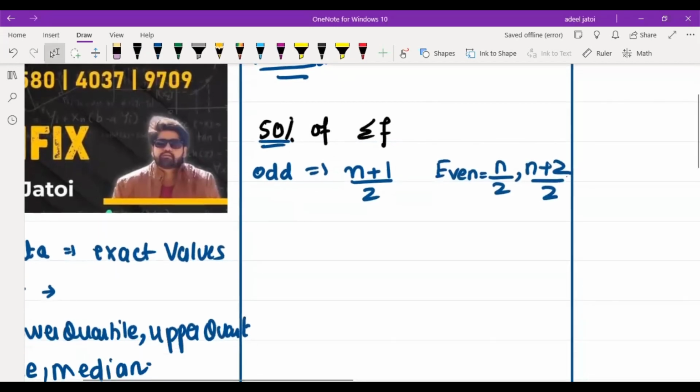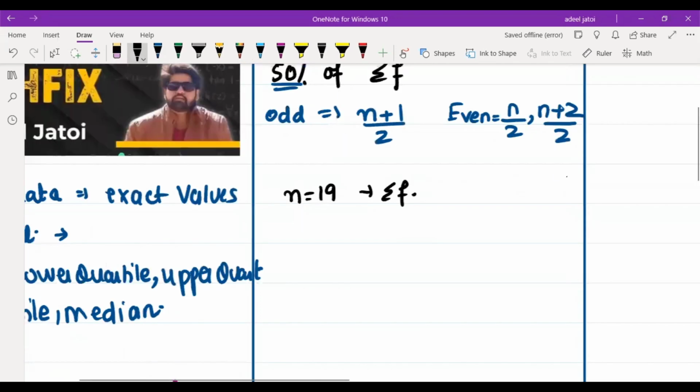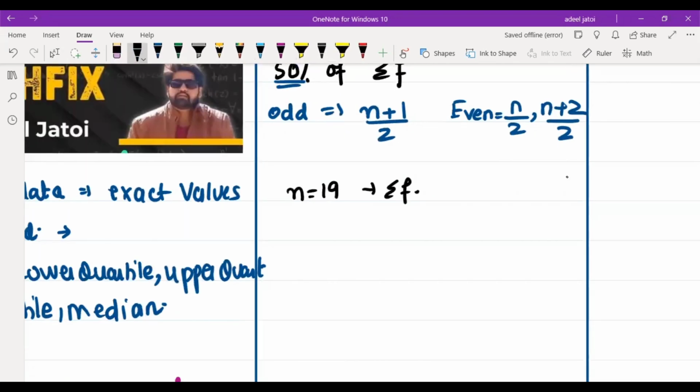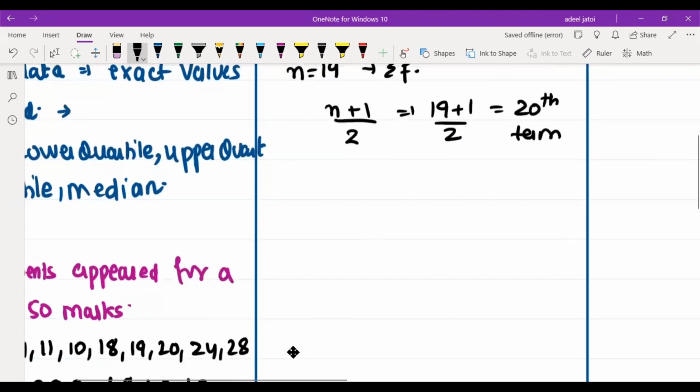For the example, your n was 19 since it was summation of F. Now we know that this is odd. So (n+1)/2, which will be (19+1)/2, and this will be the 20th term? What does the 20th term mean in the stem and leaf?